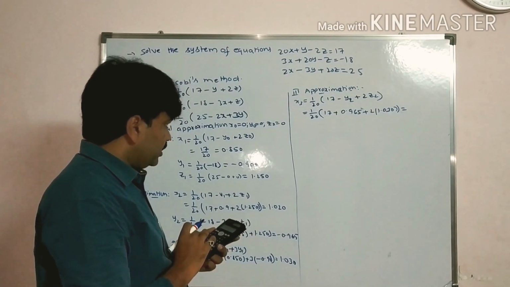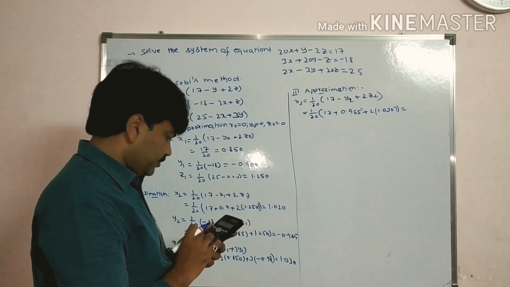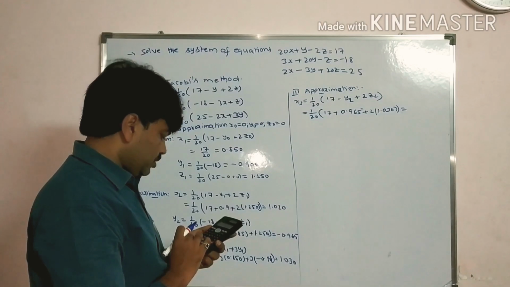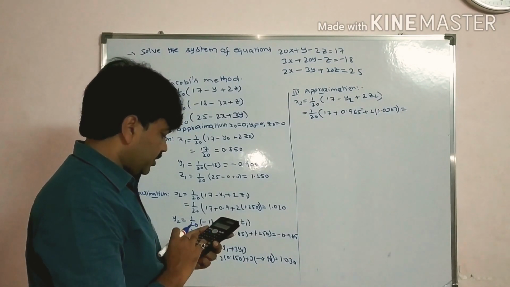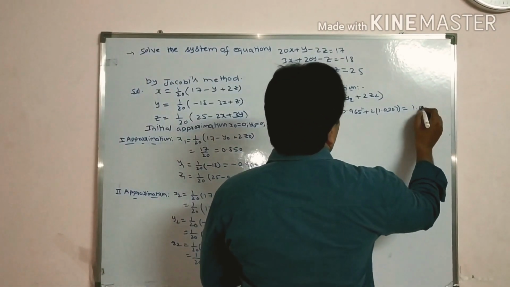Calculate, students: bracket 17 plus 0.965 plus 2 into 1.030, bracket close, divided by 20. That is equal to 1.001.